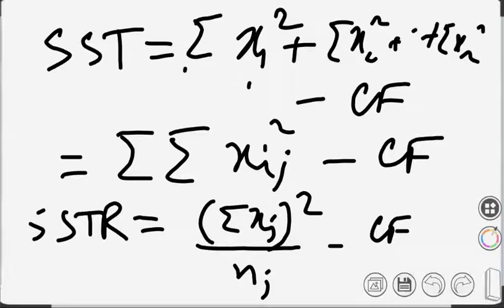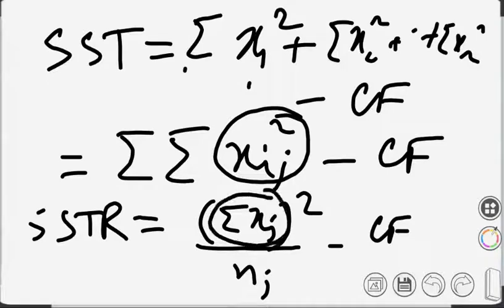Summation xj square means, for brand A, we have summed up all 5 values, that is summation x1, and that value will be squared. In SST individual values are squared; here the column sum will be squared. That's the difference. We will do it when the calculation starts. Please write the formula, then we explain with the help of the example.